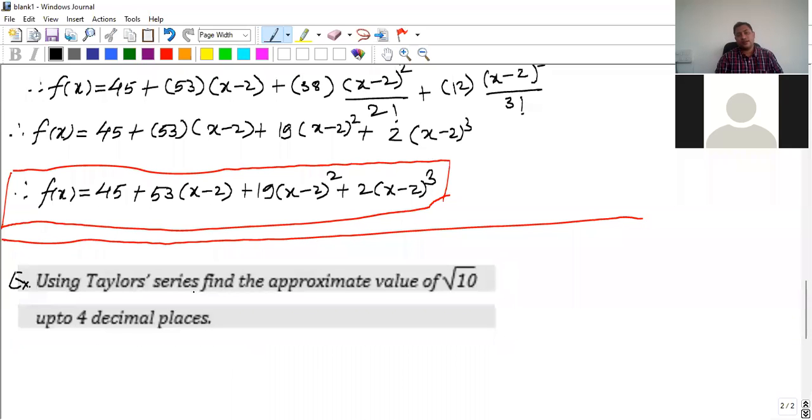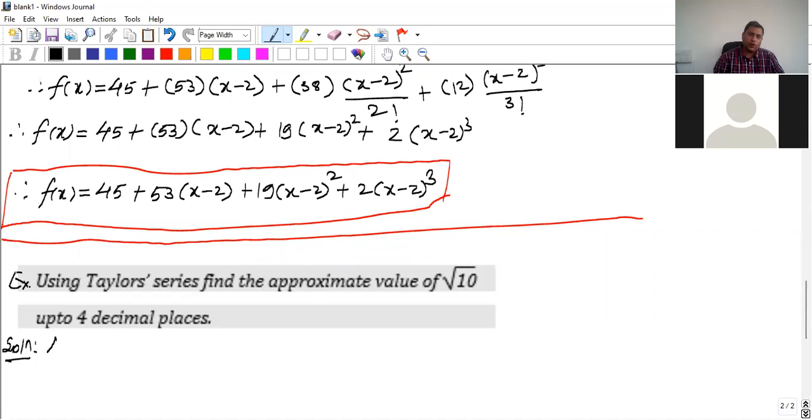Using Taylor series, find the approximate value of root of 10. We have to find the value of root of 10 correct up to 4 decimal places. So we go with the solution. What we have to find out? We have to find out the square root.